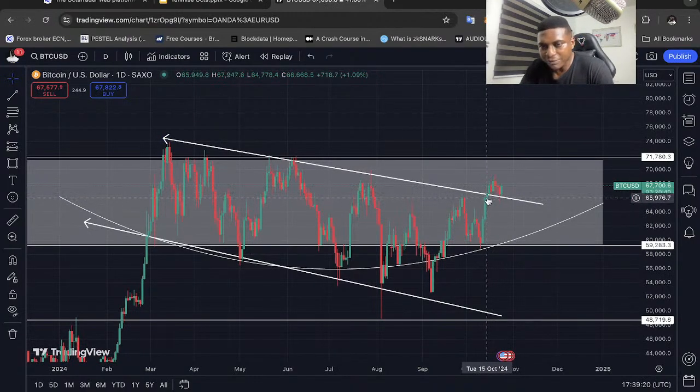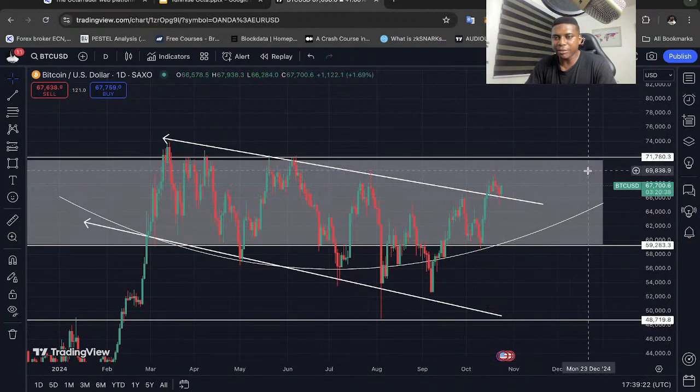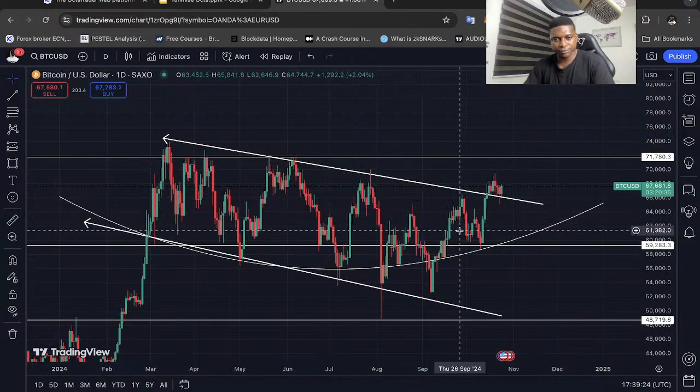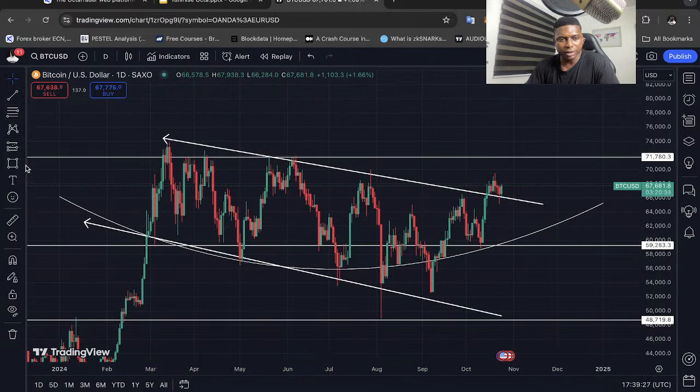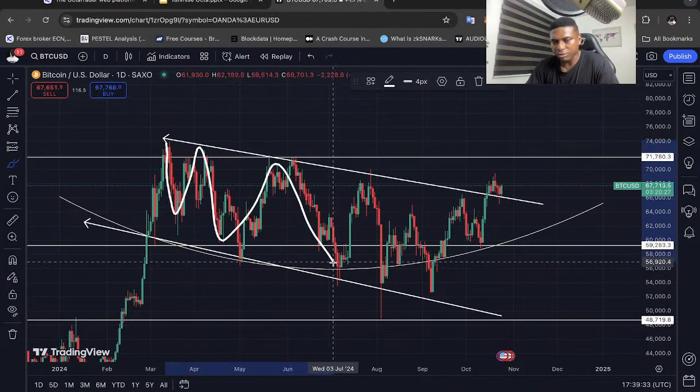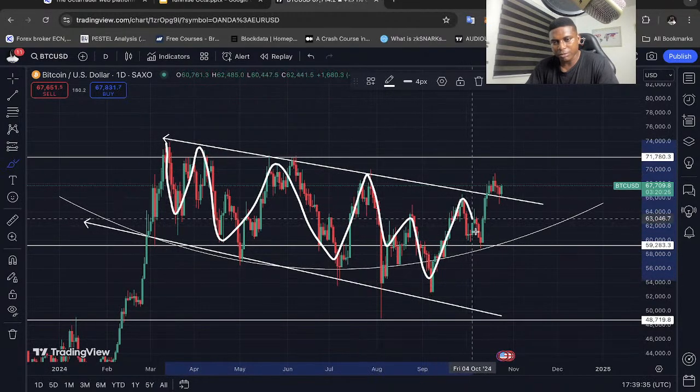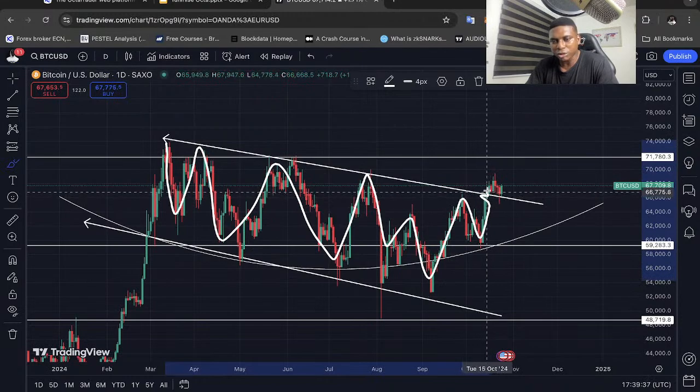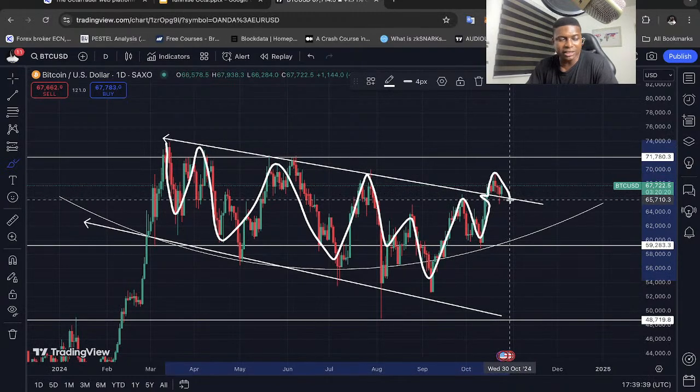All right, after it broke out of the downward trend, it came back to reverse. Let me take this off. So you can see how price has been moving, went up, came down, went up, came down, went up, came down, went up, came down, went up. Then finally it broke out of this level, then we tested this zone.